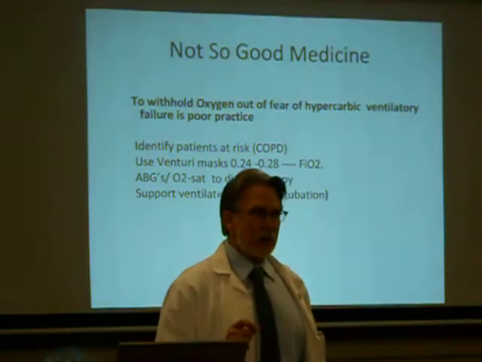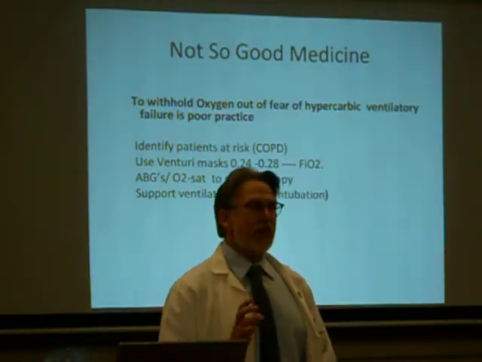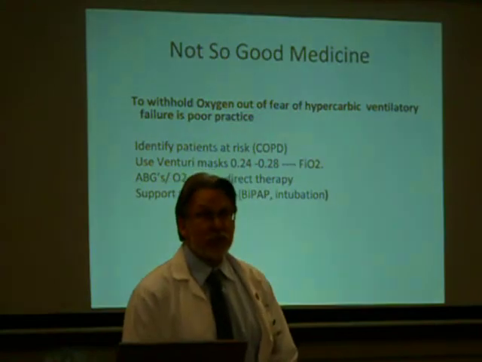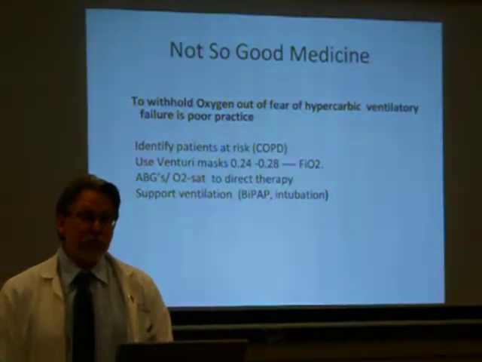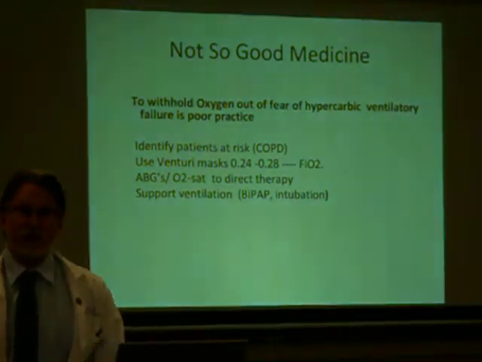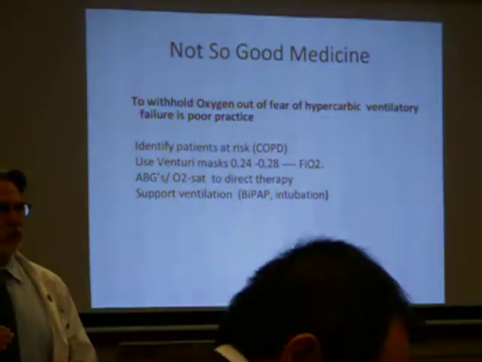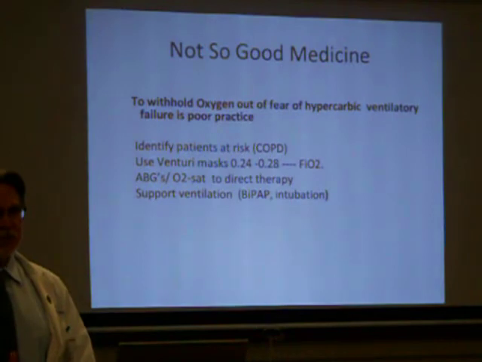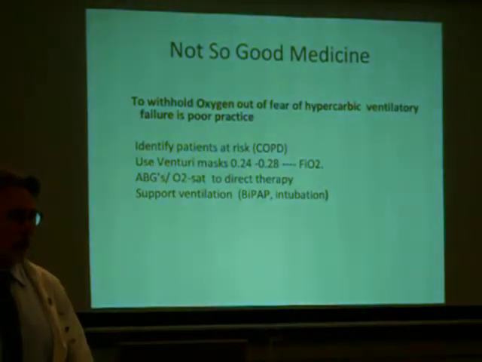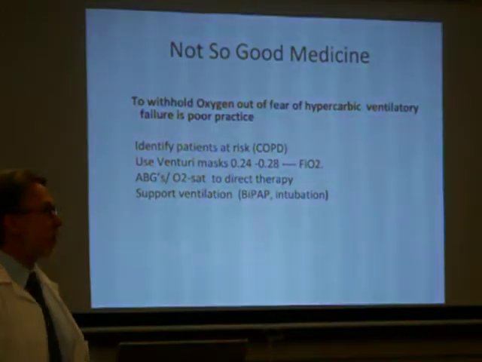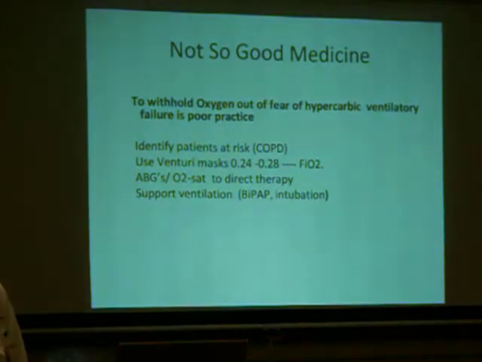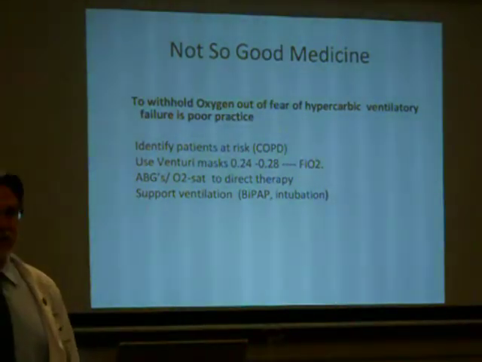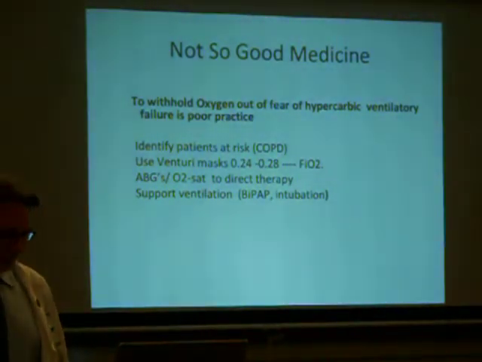And if they are, by any chance, relying on their hypoxic drive to breathe, you deal with the consequences of that later. So if their CO2 goes up to the point where they need ventilatory assistance, then you can do either non-invasive mechanical ventilation, or if need be, you can intubate somebody.